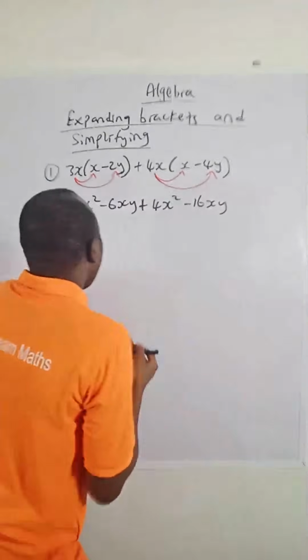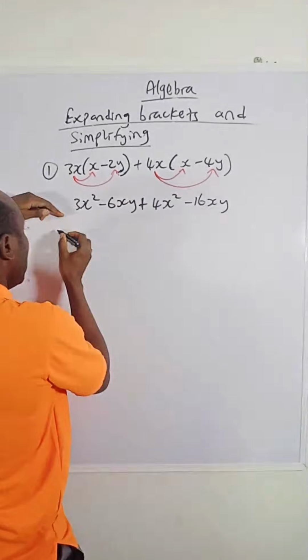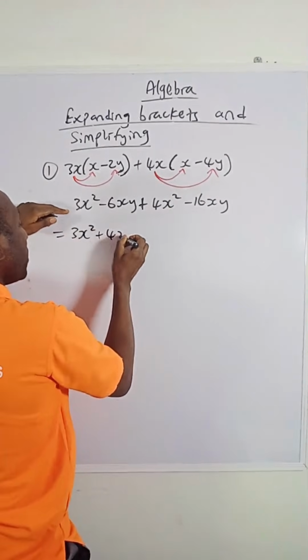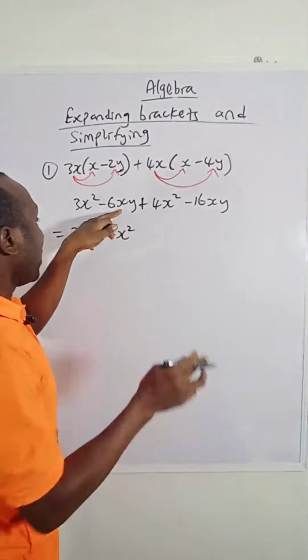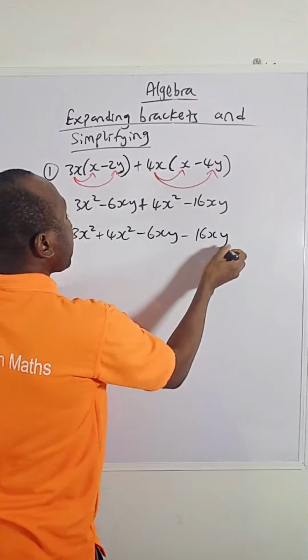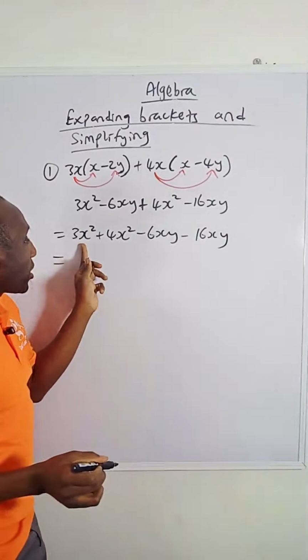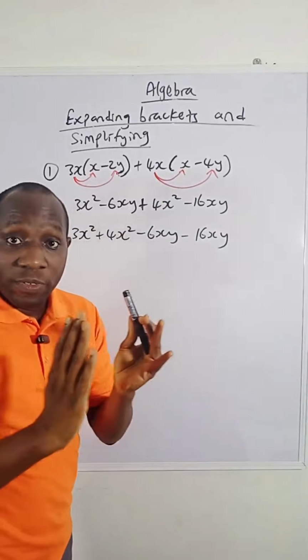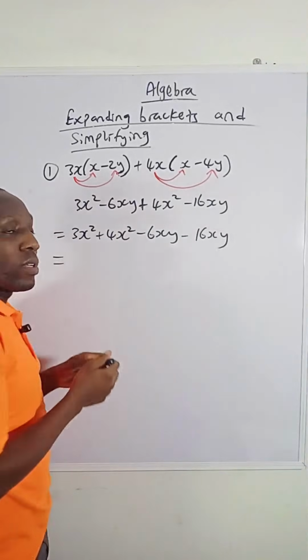Now let's continue from what we have here. This is going to be 3x squared. Then we have plus 4x squared. We're done with that. Then we write this one, negative 6xy, and then minus 16xy. So 3x squared plus 4x squared is what? You add the coefficients. 3 plus 4 is 7.